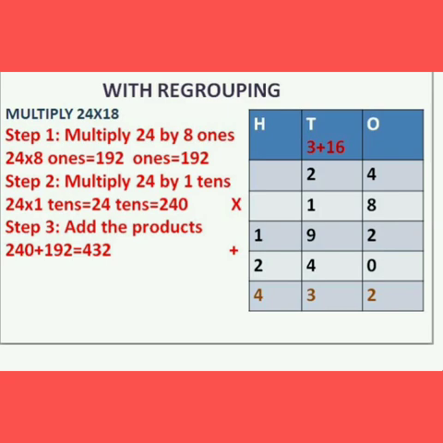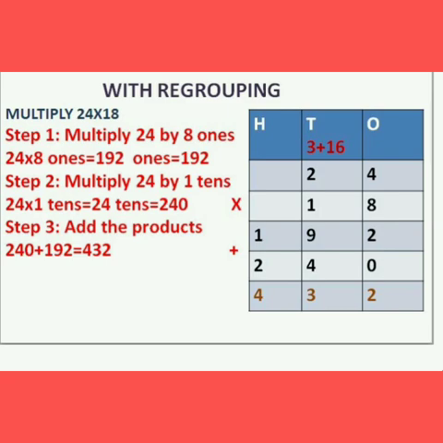That is 240. Step 3. Add the products. That is 240 is added with 192. We will get 432 as the product. So when 24 is multiplied by 18, we will get 432 as the product.